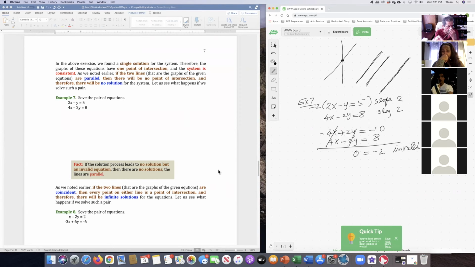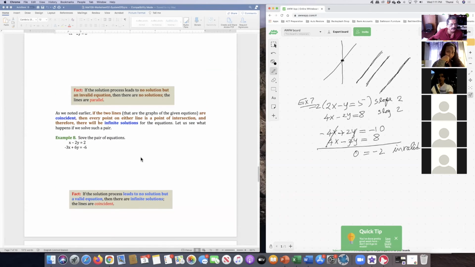In this particular problem, it says solve the pair of equations. That means we found that there are no solutions. So our conclusion will be no solution or inconsistent, whichever word is appropriate. If they talk about whether the lines are parallel, coincident, or intersecting, your conclusion is parallel.